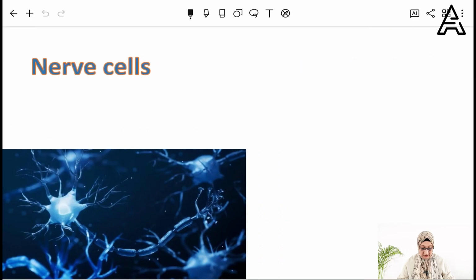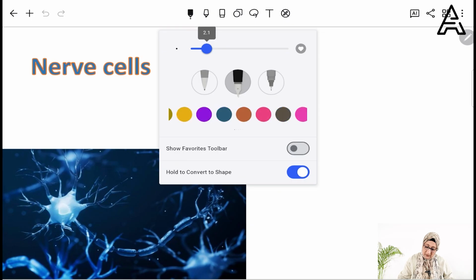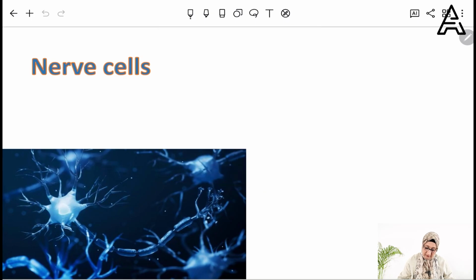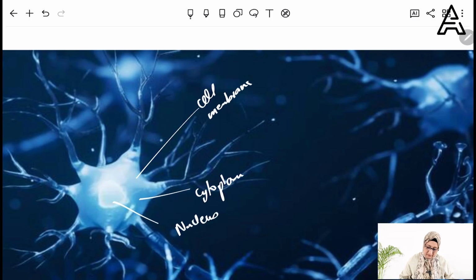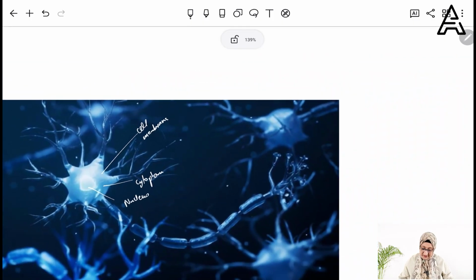Let's look at the nerve cell. Again, similarities. We have cell membrane, okay, cytoplasm, and here is the nucleus. Okay, how about the differences? See a long extension?